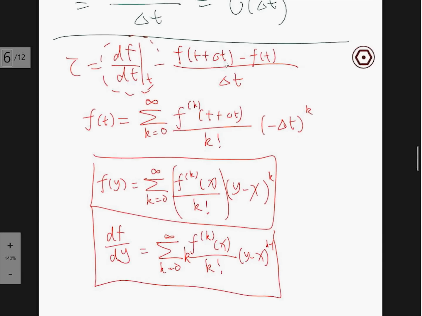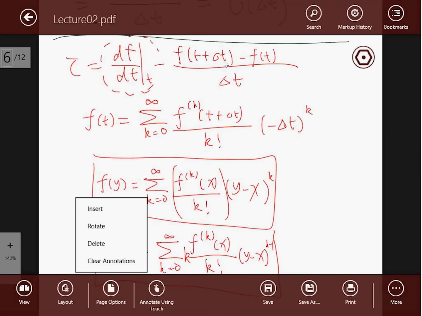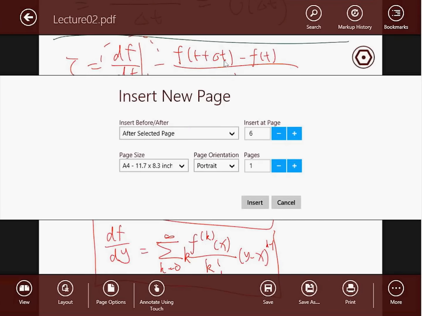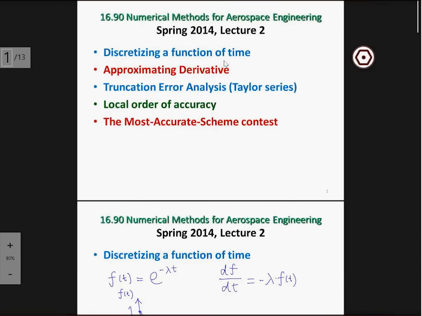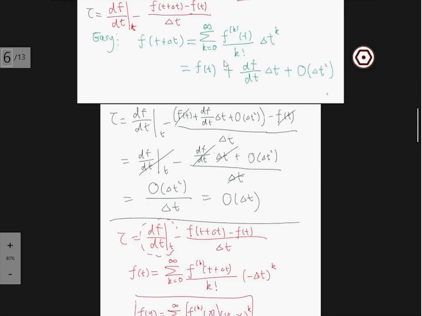Okay, so here I'm going to say a little bit about why we want to approximate the derivative, and how that is going to give us a way of solving ODEs.